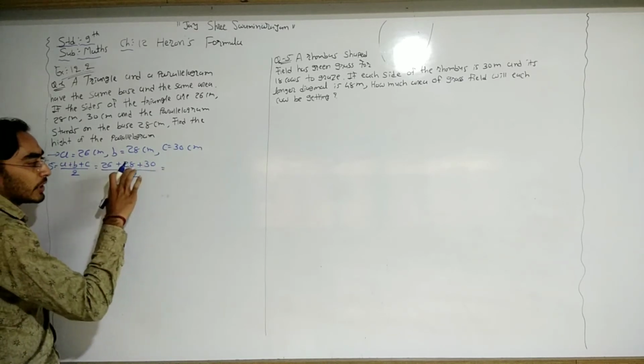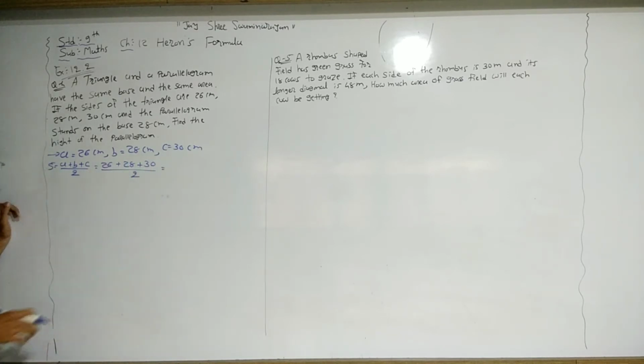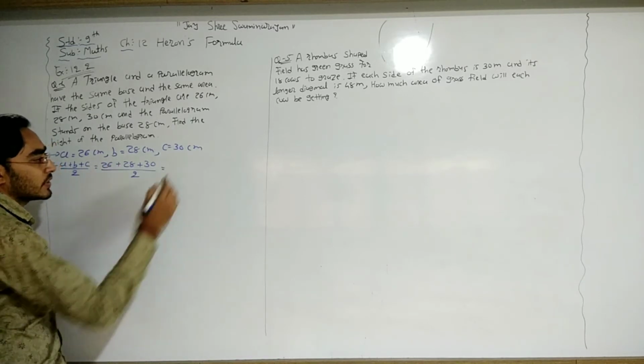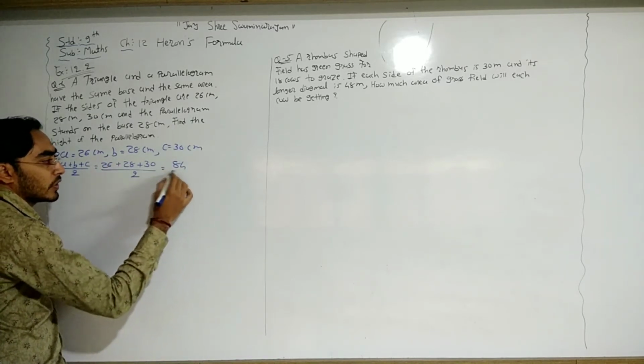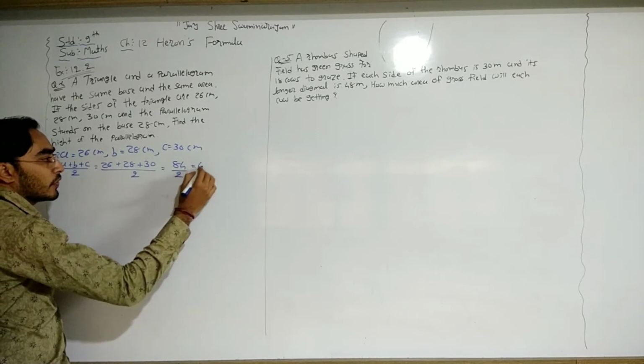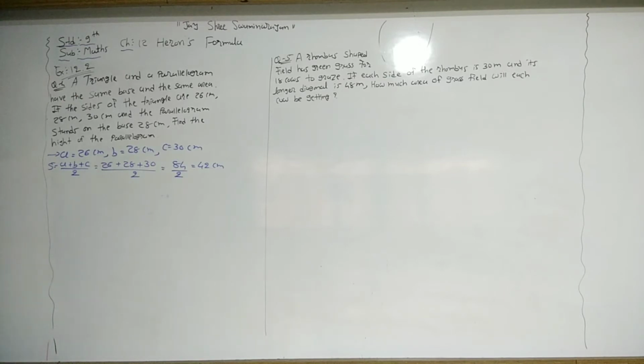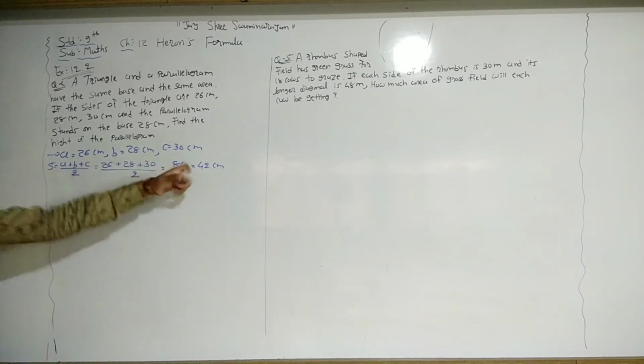Now 30 plus 20, 50 plus 20, 70, 76 plus 8, 84 divided by 2, 42 centimeter. So semi-perimeter is 42 centimeter.